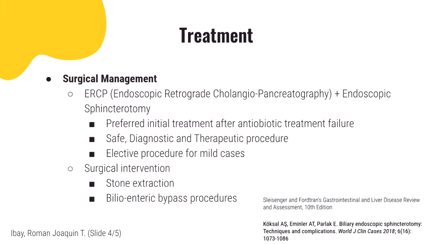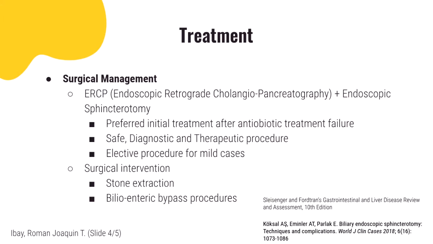So for the surgical management, the gold standard is usually endoscopic retrograde cholangiopancreatography with endoscopic sphincterotomy. Usually this is the preferred initial treatment after antibiotic treatment failure. And it was already established in Schlesinger that it is safe and it has diagnostic and therapeutic capabilities.